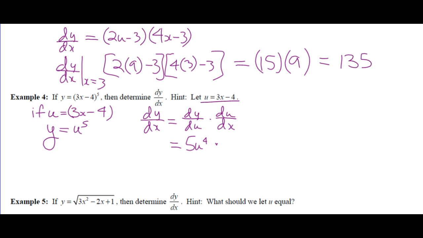So that gives us 15u to the fourth. Okay? And so dy by dx, because now we want to replace the u with the 3x minus 4, right? So it's 15 times 3x minus 4 quantity to the power of 4.